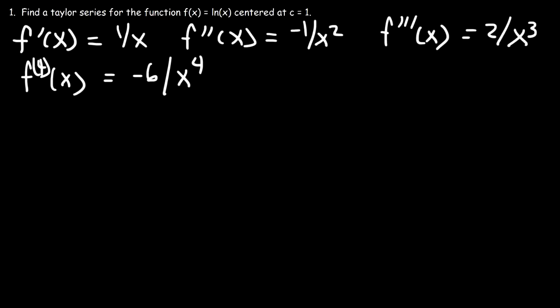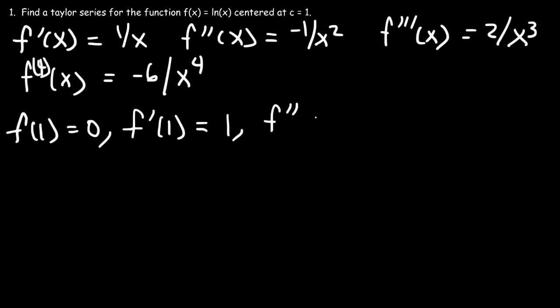Now the next thing that we need to do is evaluate the function and the derivatives at c. So f of 1, c is 1, that's going to be ln 1. The natural log of 1 is 0. And then f prime of 1 is going to be 1 over 1, which is 1.